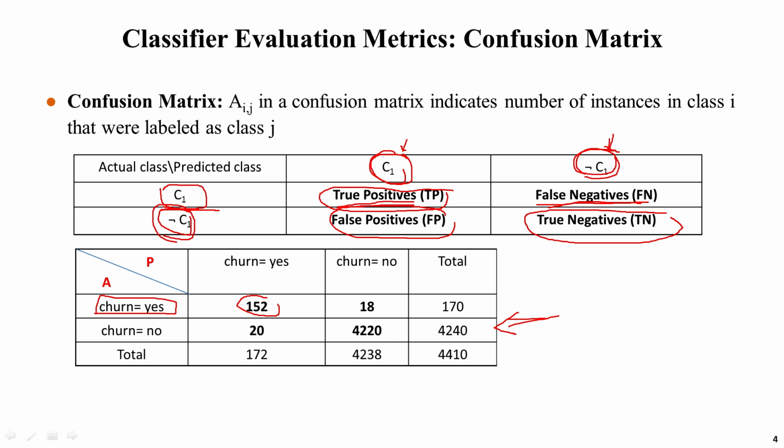So those instances have the target variable churn labeled as yes, and classified also in yes.